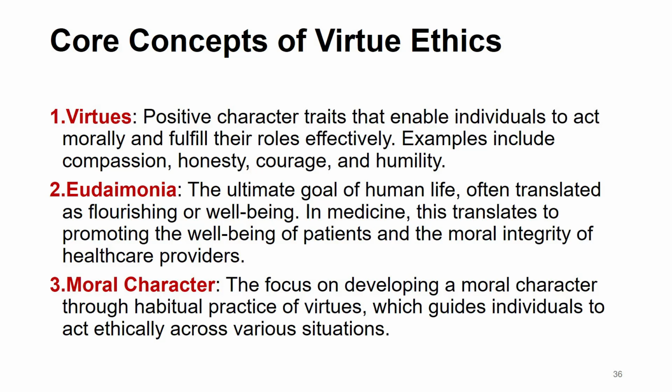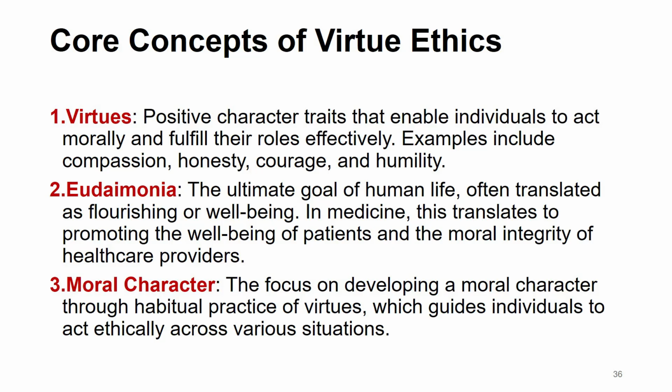Coming to the next one, which is eudaimonia, the ultimate goal of human life, often translated as flourishing or well-being. In medicine, this translates to promoting the well-being of the patients and the moral integrity of the healthcare providers.